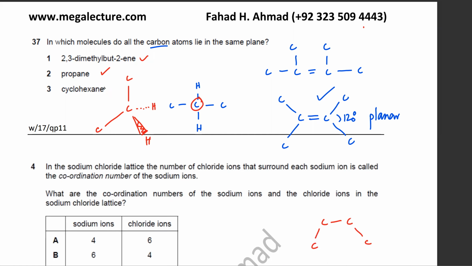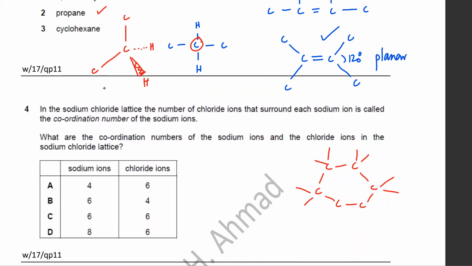Now cyclohexane is 6 carbon atoms in a cyclic structure, and each one has H atoms attached to it. So each carbon atom is tetrahedral if you focus on each carbon atom. Now it would be impossible that this structure is planar.